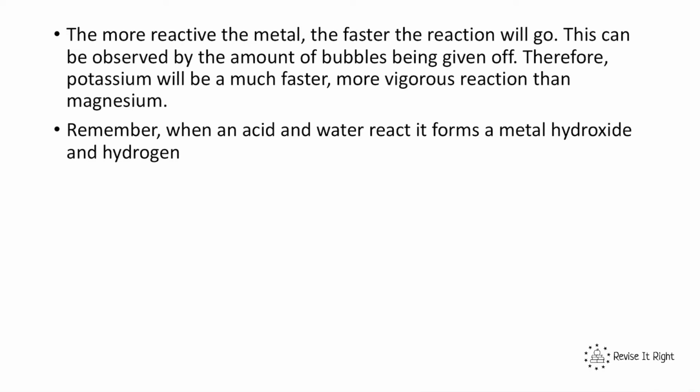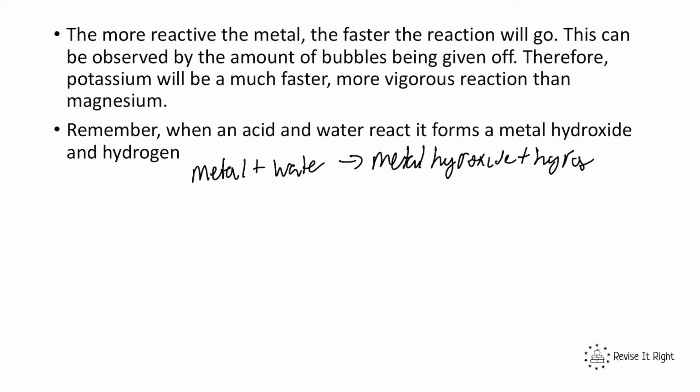Now, you can also use how a metal reacts with water to suggest how reactive it is. Now, you'll remember that when we add a metal and water, we produce a metal hydroxide plus hydrogen. And again, how quickly this reaction occurs tells you how reactive a metal is.